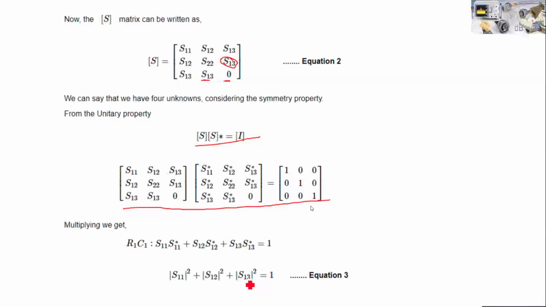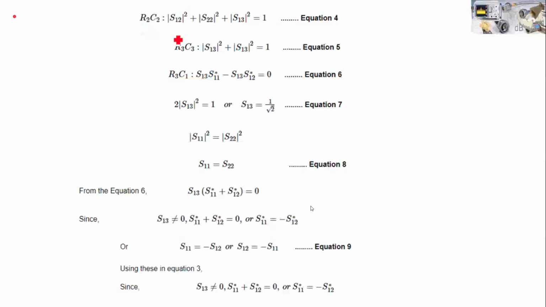Do the same thing for second row, second column, and third row, third column. So we got the same thing. Then R3C3 gives S13 square plus S13 mod square is equal to 1, and the same thing for R3C1, S13 S11 conjugate minus S13. The same procedure will follow. First we will take this.